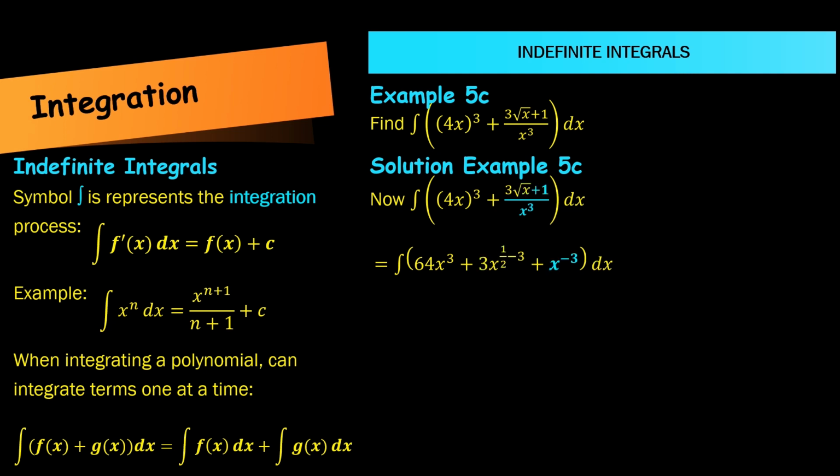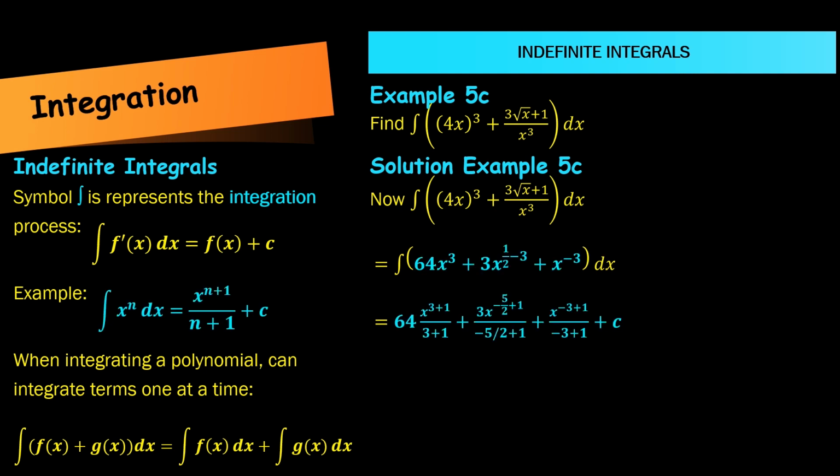And so if we now integrate, we obtain 64x to the power 3 plus 1 over 3 plus 1, plus 3x to the minus 5 over 2 plus 1 over minus 5 over 2 plus 1, plus x to the minus 3 plus 1 over minus 3 plus 1, plus the constant of integration.